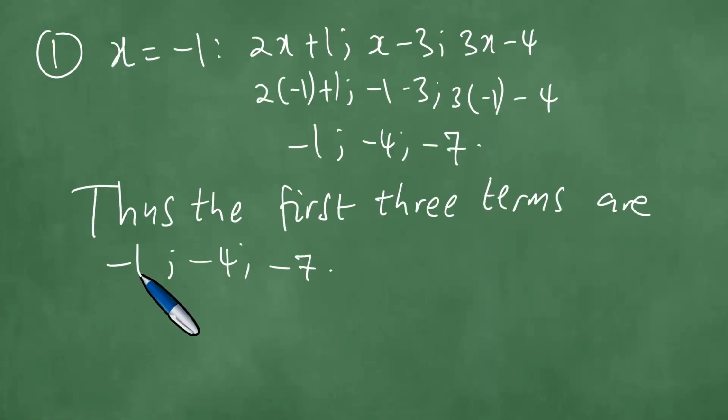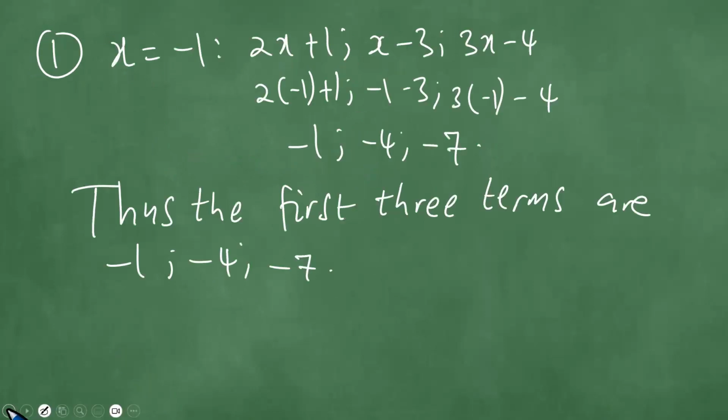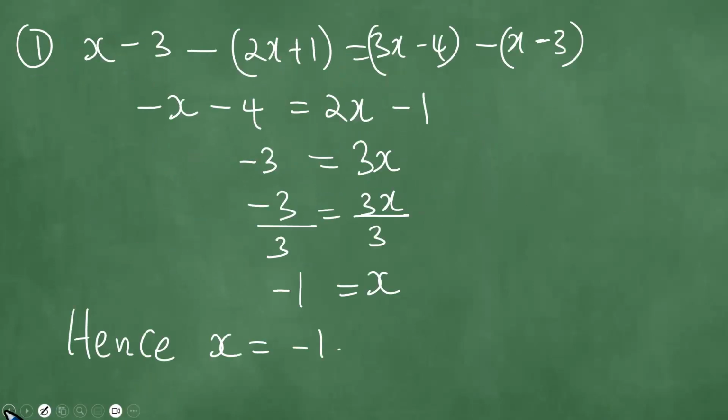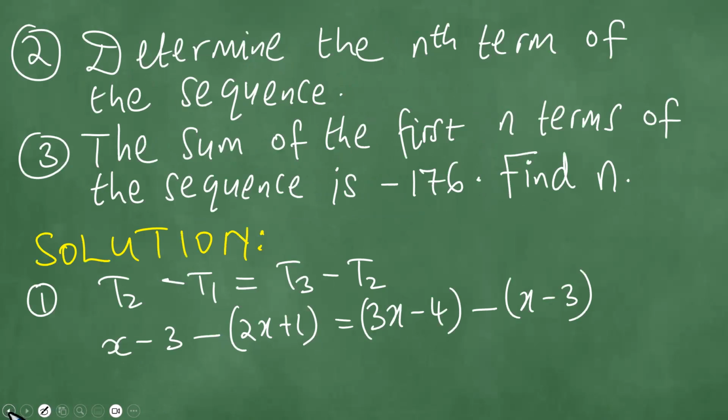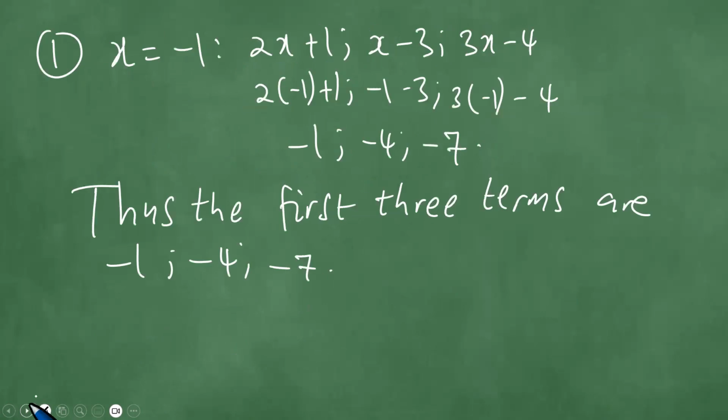The first term is minus 1 plus n minus 1 into the common difference. What is the common difference? The common difference is this minus this. What do you think it is?